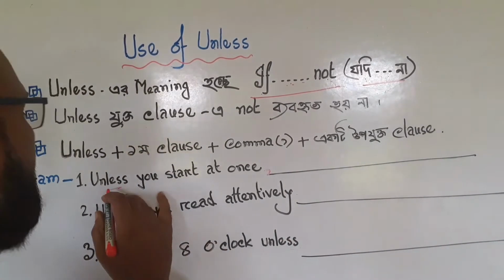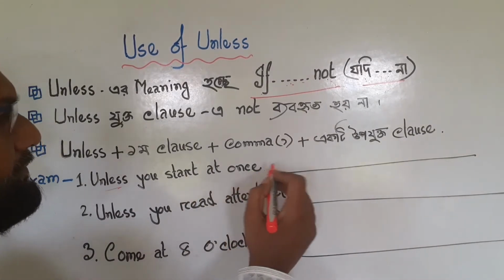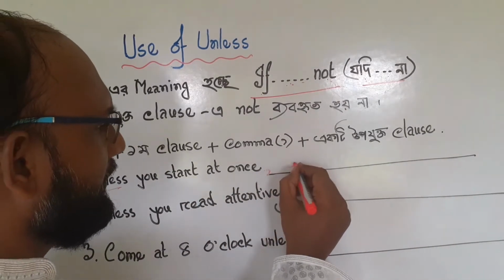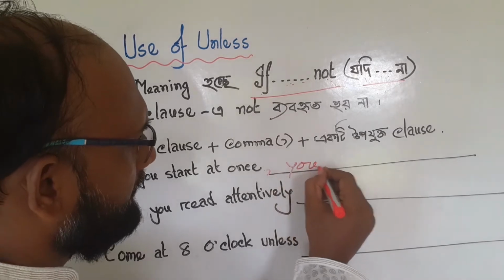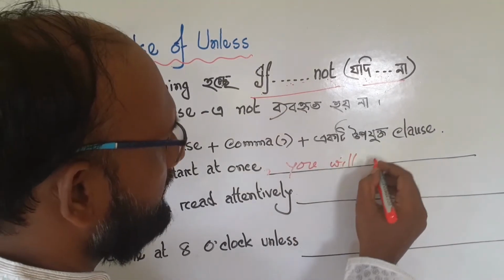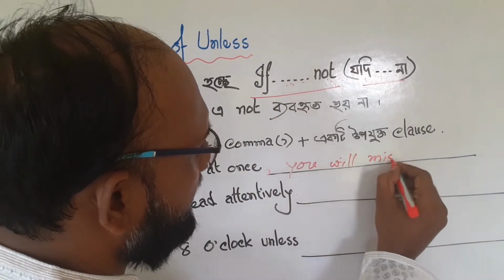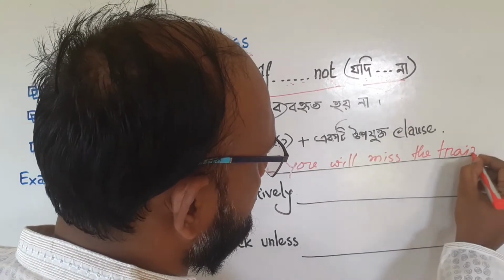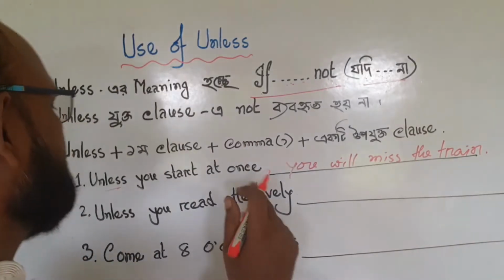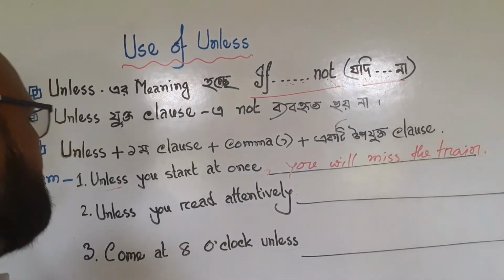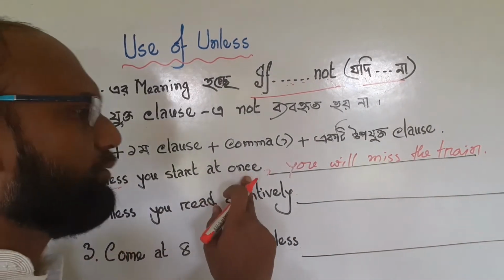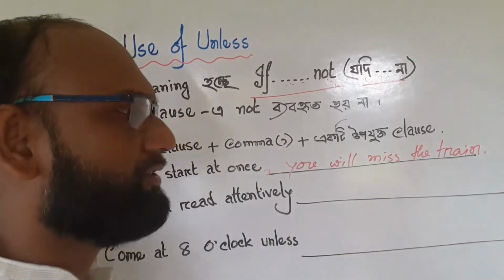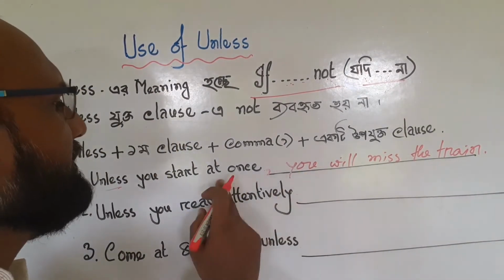Unless you start at once, try to understand the meaning of the sentence. Unless you start at once, you will miss the train. Now this sentence has been completed. We have used a comma between the two sentences.